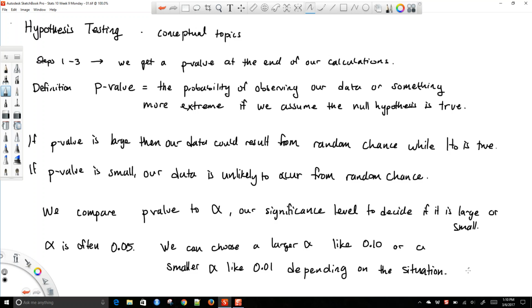If we think about it, alpha equal to 5% is really just an arbitrary line.